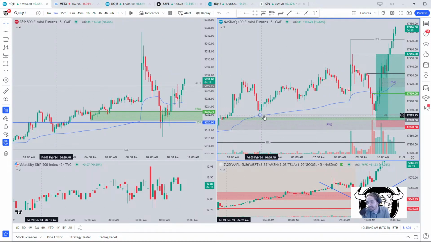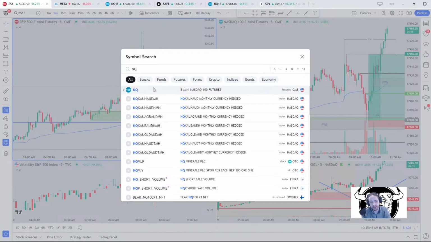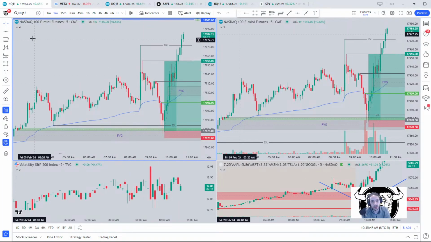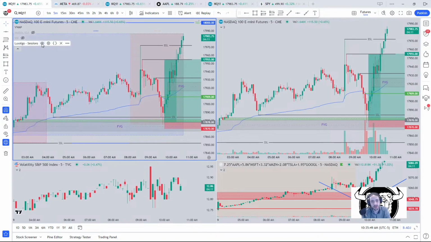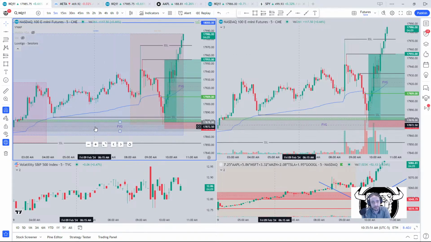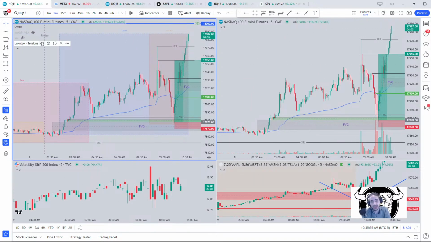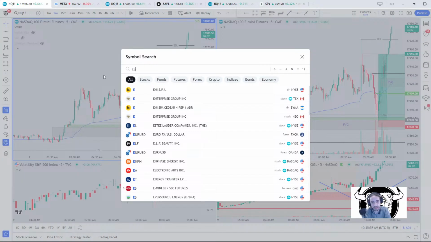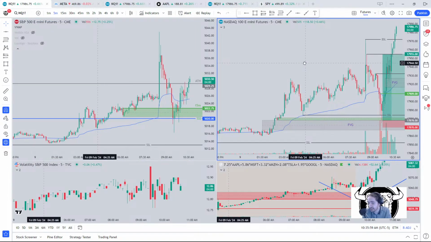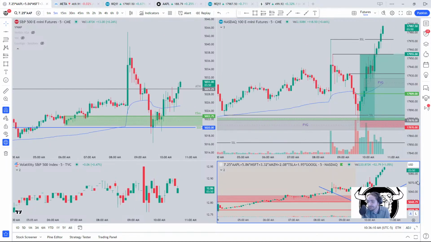So this was a sell side liquidity right here. It was not a session low. This was just an area that I spotted where there's going to be a lot of sell orders. And it also lined up with the previous day's VWAP, right? So that's another indication that this might be a heavier level for volume.